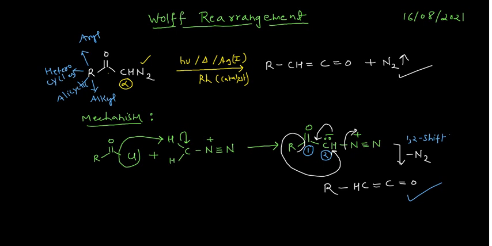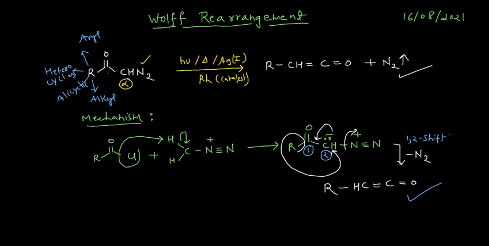Since it is a concerted step, the simple meaning is that whatever stereochemistry is associated with this alkyl group would be retained in the product, as we have seen in the Hofmann bromamide reaction, the Schmidt reaction, the Lossen rearrangement, and so on. All these we have seen in all the cases. So in that case again the stereochemistry retention would be there, that means the retention of the configuration. This is the beauty of this Wolff rearrangement again.